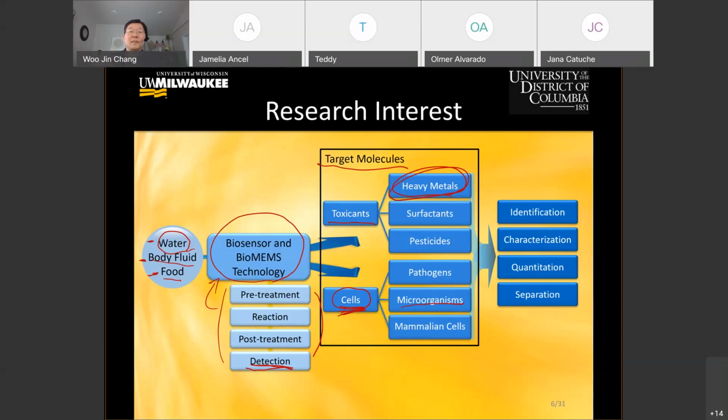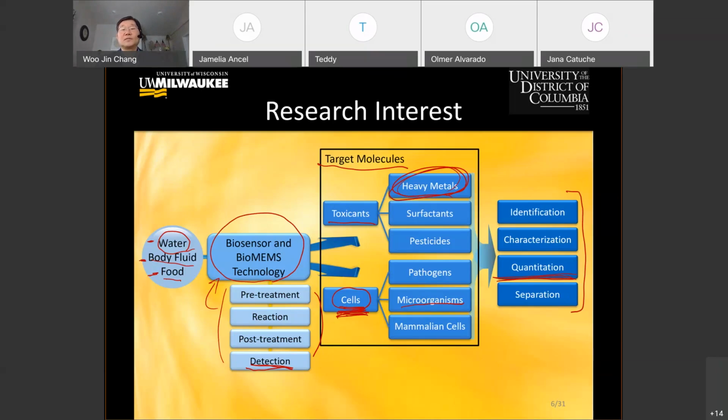And so I'm working on that project as well, but I would not mention that. I would not introduce that one, and I'll be more focused on these heavy metals and other toxicants. So the goal is to identify the target molecule and then quantitate how much of that target molecule is included in the system.